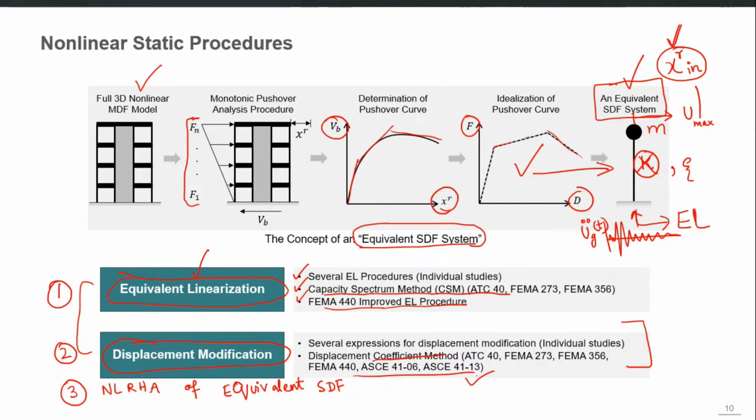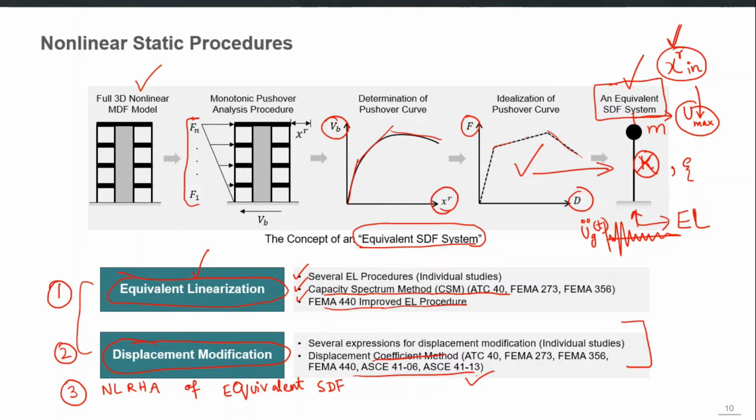Obviously, you have to first convert the maximum displacement of your single degree into roof displacement of your multiple degree. Actually, you have to multiply it with the modal participation factor, which I'll explain in the next slides.